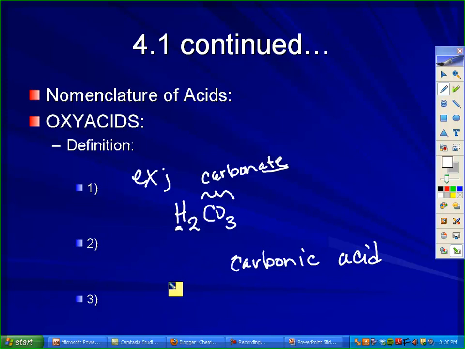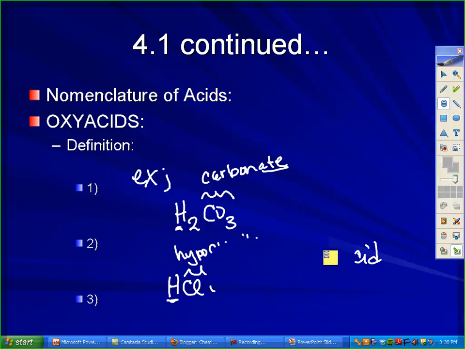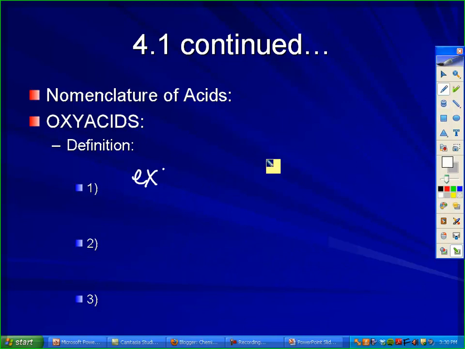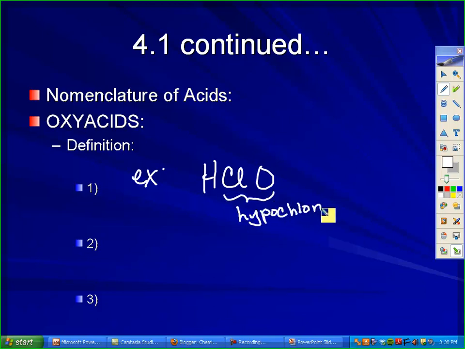Try another one. HClO. Well, there's my ionizable hydrogen. This is the hypochlorite polyatomic ion. It ends in ite, so it's going to end in ous, hypochlorous acid.